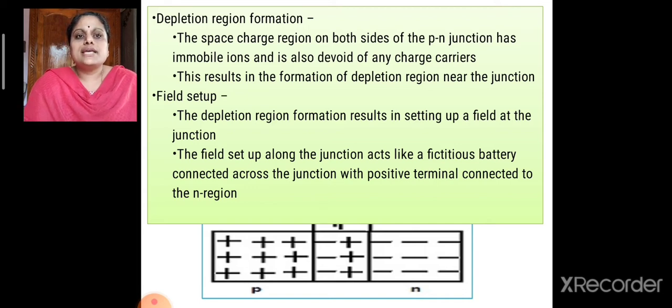So, the space charge region on both sides of the PN junction has immobile ions and it is devoid of any charge carriers. This results in the formation of the depletion region near the junction. The depletion region formation results in setting up a field at the junction.